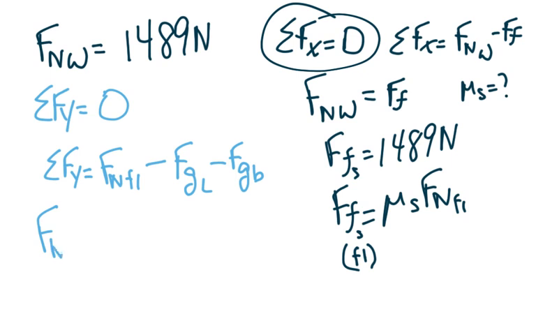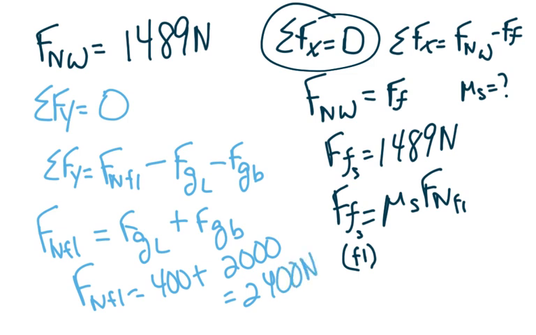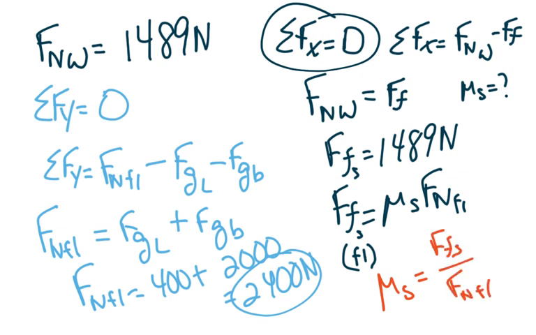So that means the normal force from the floor has to equal the gravitational force from the ladder plus the gravitational force from the bear, or the 400 plus the 2,000, which is 2,400 newtons. And now we can take that and figure out our coefficient of static friction, because the minimum coefficient of static friction is going to be that static friction force divided by that normal force from the floor. So we can plug that into the bottom, we can plug that into the top, and we can get our coefficient of friction.